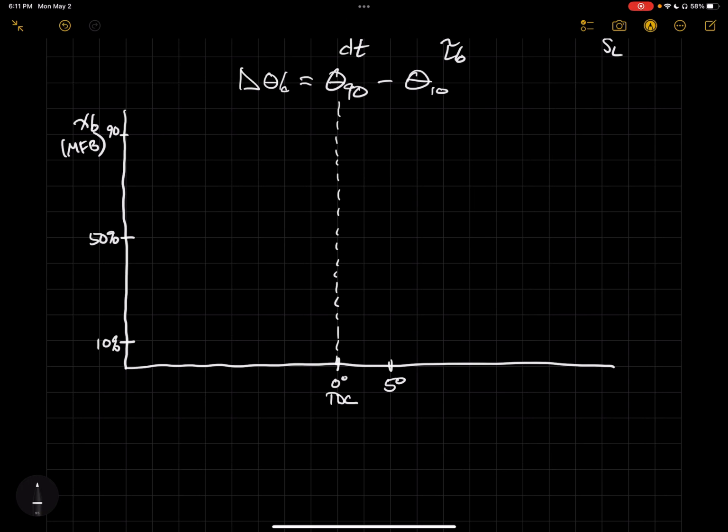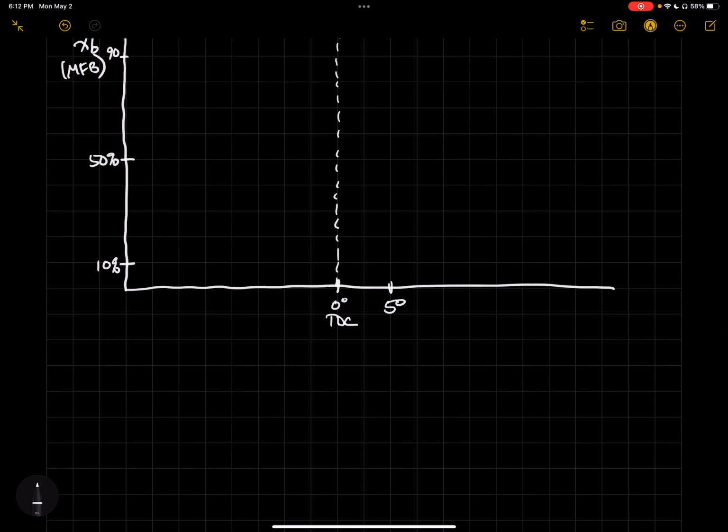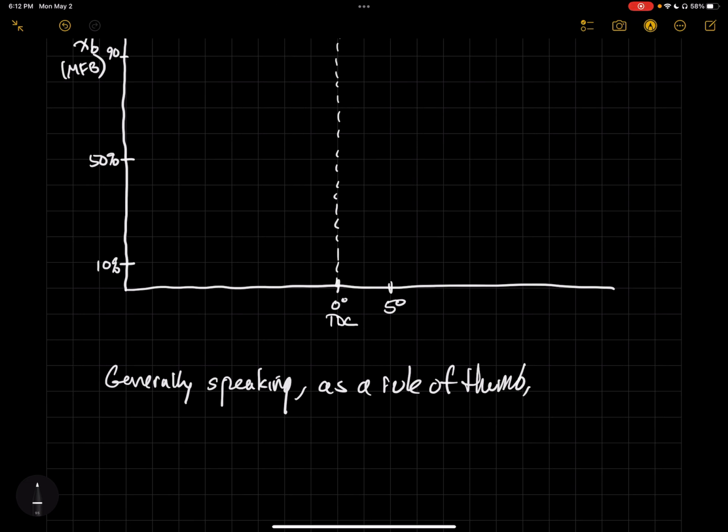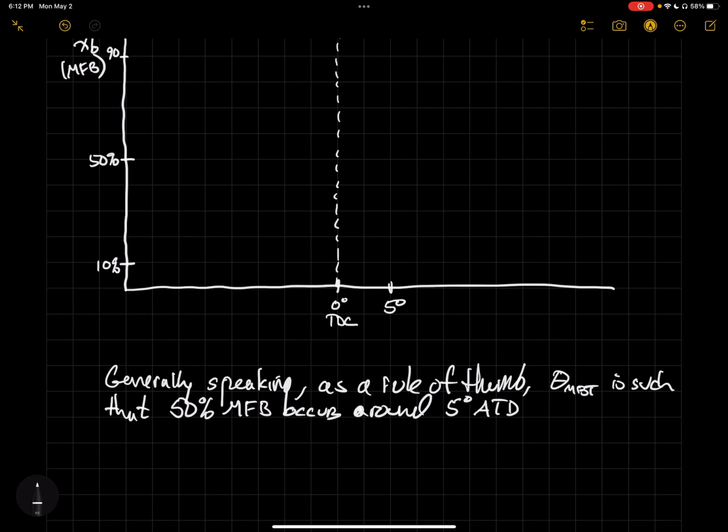The reason why is that in order for us to generally achieve maximum brake torque, as a rule of thumb, theta MBT, that is the spark timing that gives us maximum brake torque, is such that 50% mass fraction burn occurs around 5 degrees after top dead center.